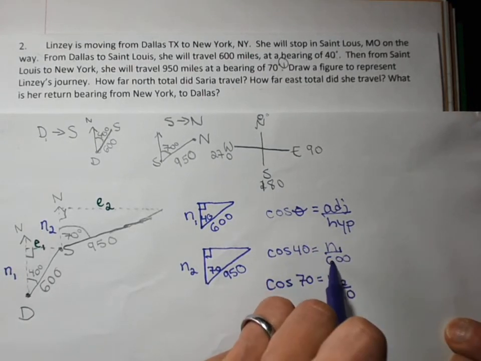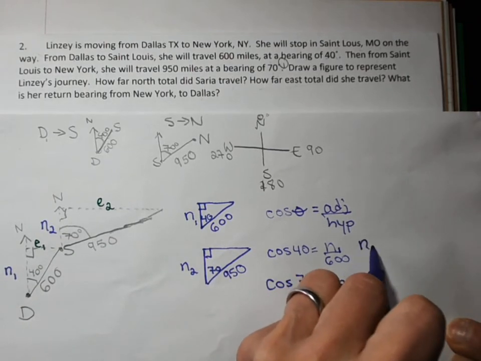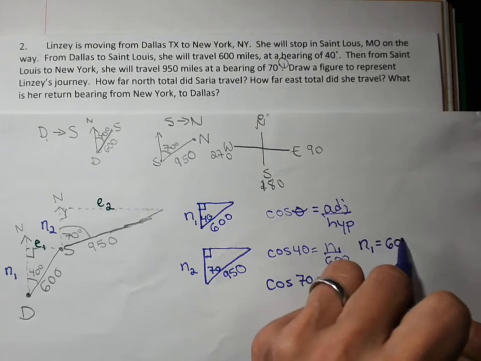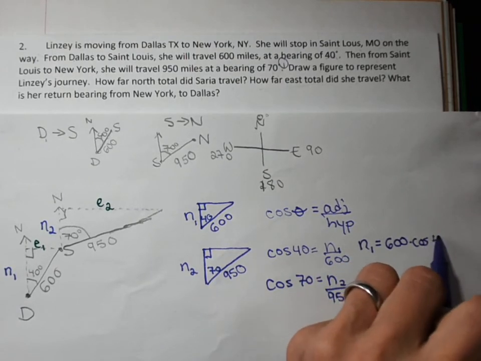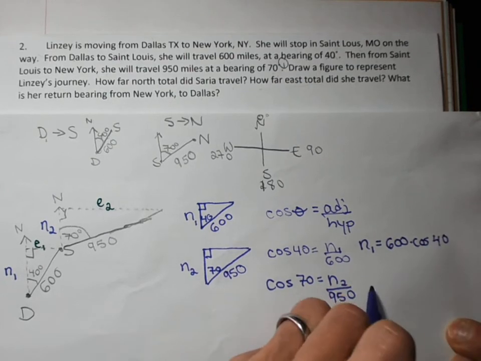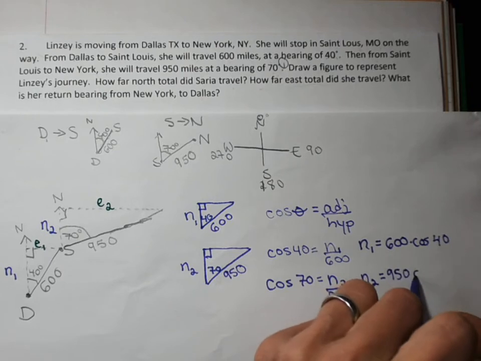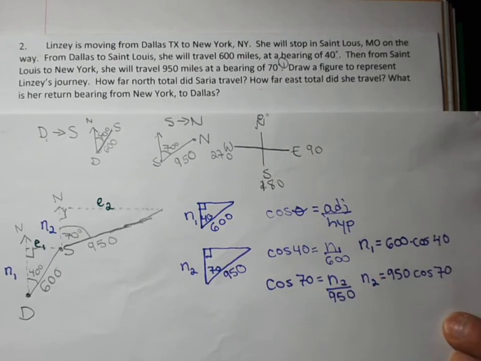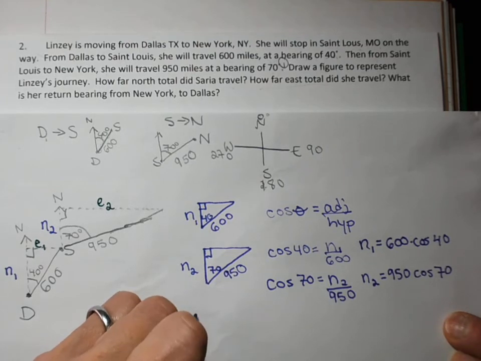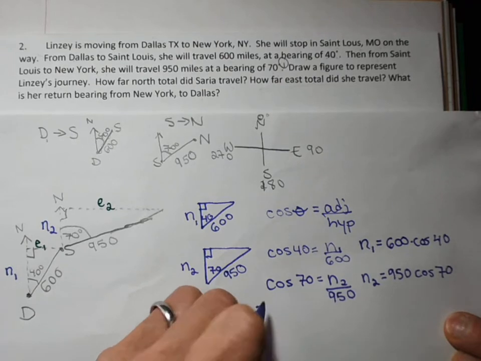When we multiply both sides by this denominator, we get n1 equal to 600 times the cosine of 40 degrees. The other north distance is 950 times the cosine of 70 degrees. And then that total distance north is just adding those two together.